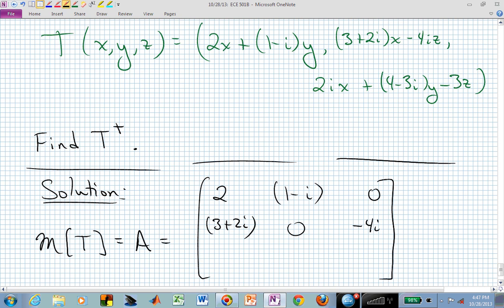What's in the bottom row of the A matrix? What's in the first column of the bottom row? 2i. Is there anything non-zero in the second column? Four minus 3i. And what's in the third column of the third row?